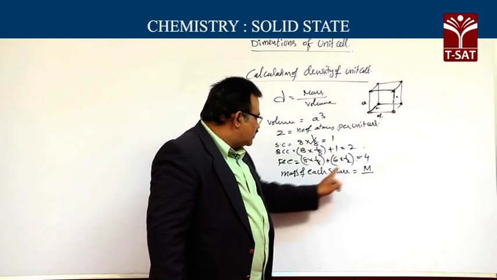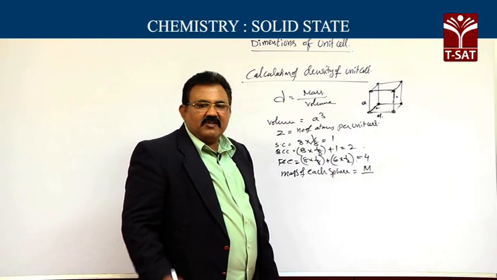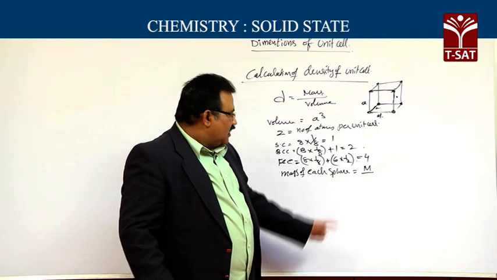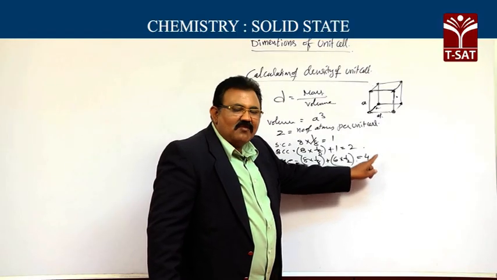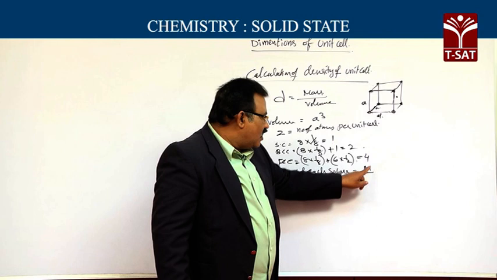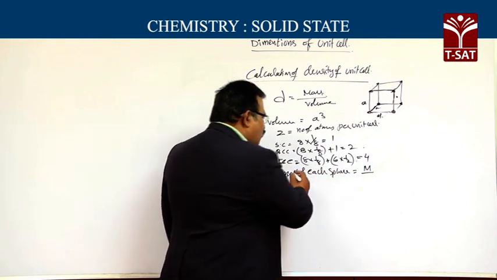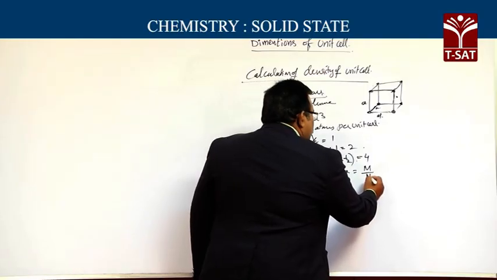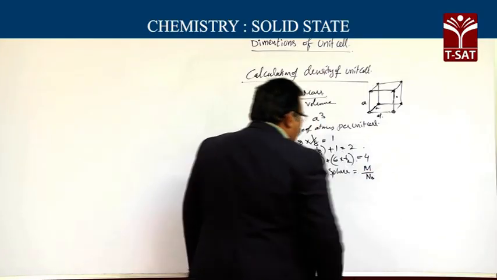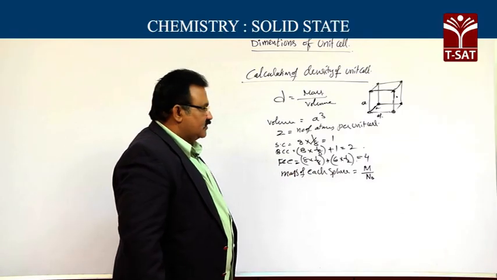Here, mass of each sphere is found out by using Avogadro number. The mass equivalent to its molar mass contains Avogadro number of atoms. When the molar mass is divided by Avogadro number, you get the mass of each sphere.